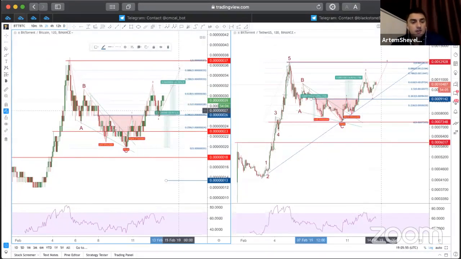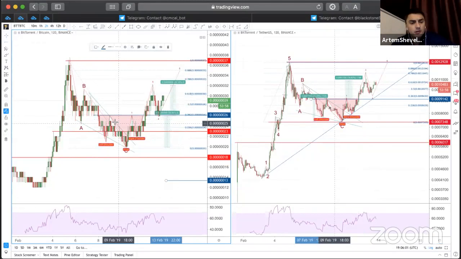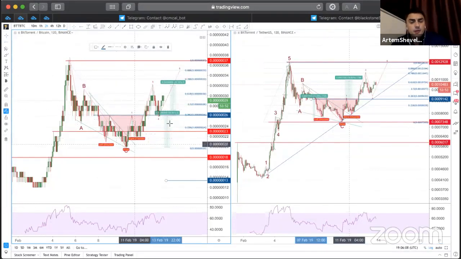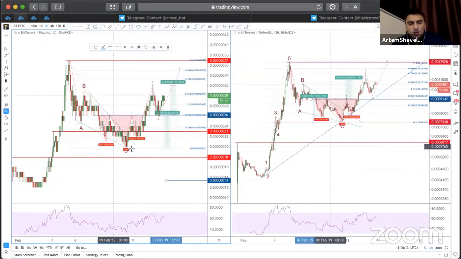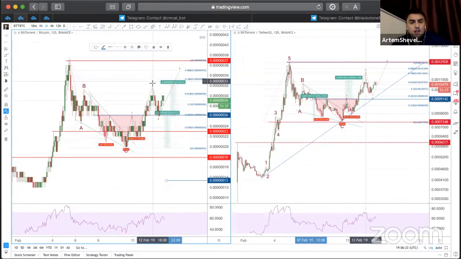So right now you can see a few days ago, the chart on BitTorrent was making a great inverted head and shoulders pattern on the BTC pair and BTT USDT as well. So similar conditions on the left and on the right chart. And it already hit the target.